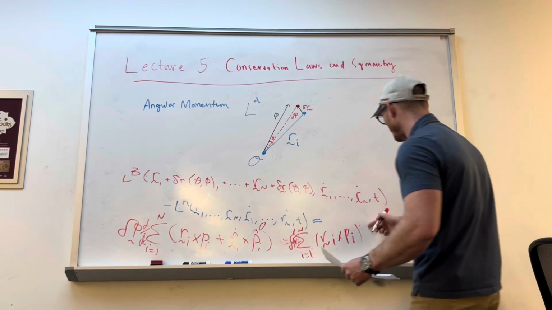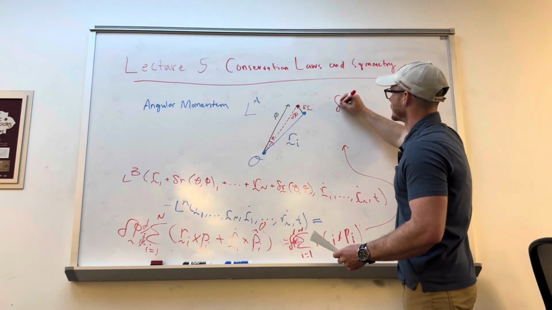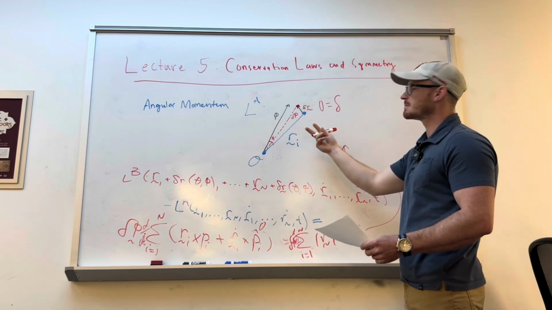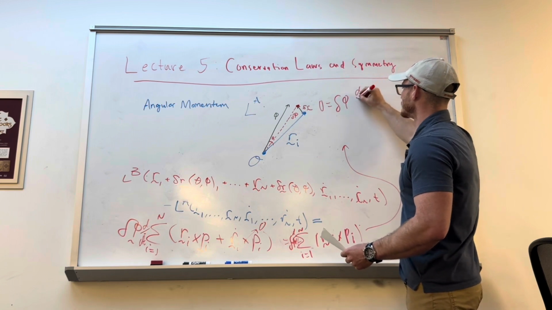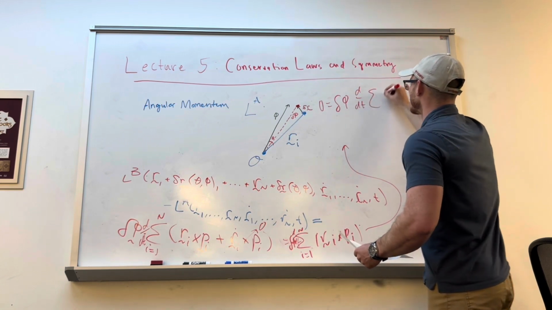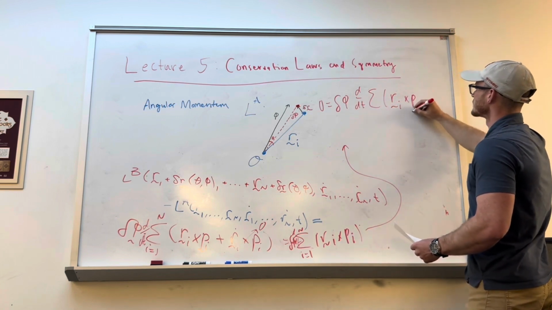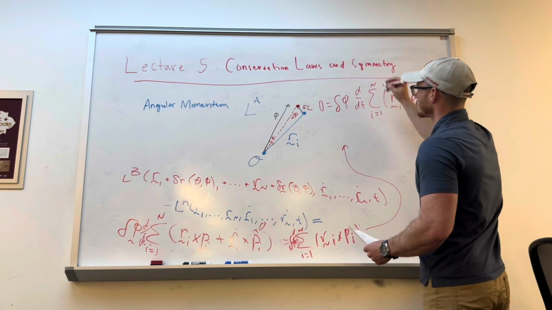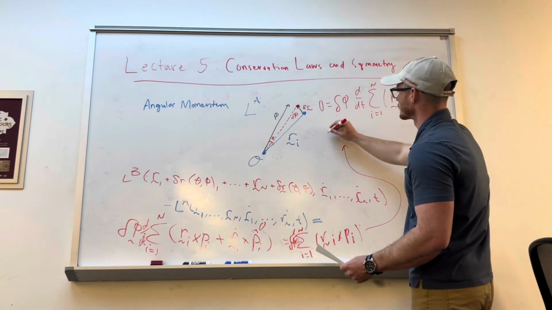This is really sloppy, so let's bounce it up here to where we're going to have 0, because we're assuming that, just as before, rotating it doesn't impact the Lagrangian. We're going to have 0 delta phi is equal to d dt summation over the cross product between our initial vector and the momentum. Well, this summation over all the particles is the total angular momentum. We call that M usually.